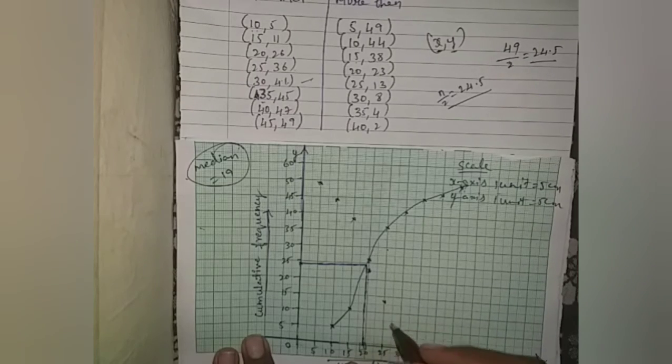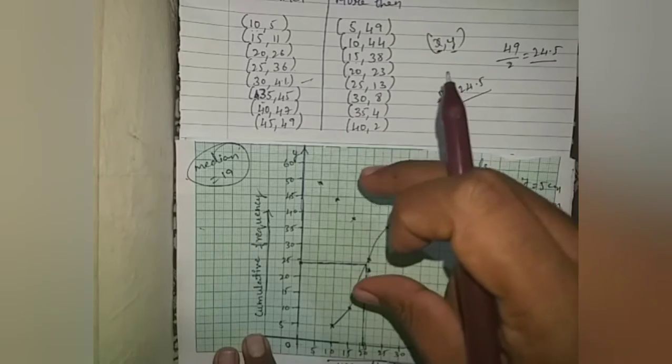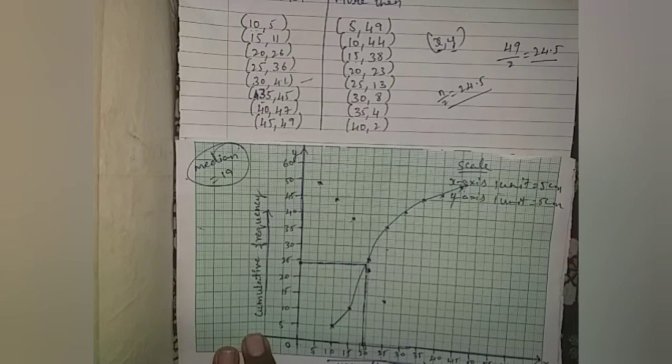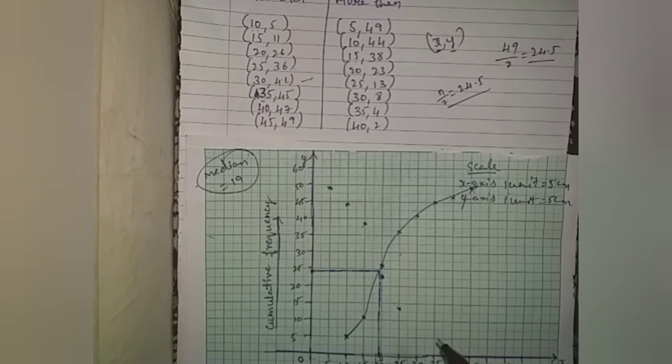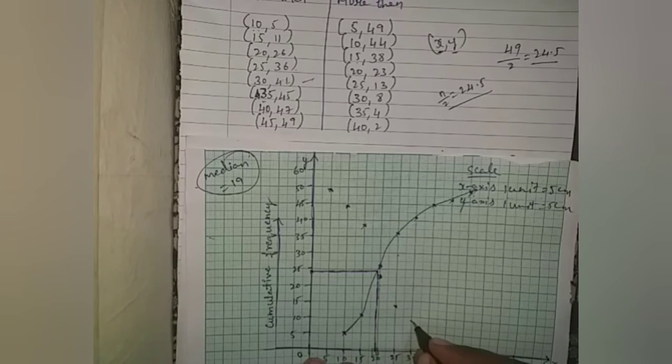So you know how to plot, right? If you don't know how to plot this, message me in the comment box. I'll show once again. I'll consider a bigger graph and show again with a proper scale and everything. Okay, next point is 30 comma 8, it will be somewhere here.